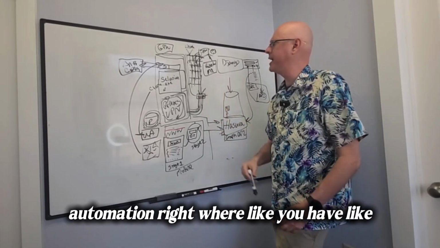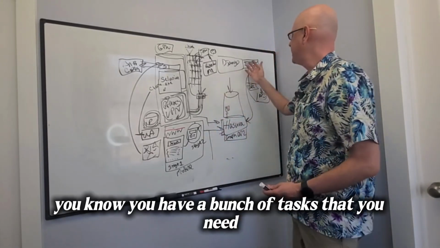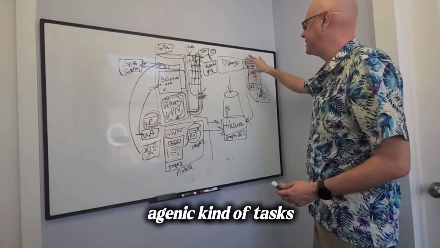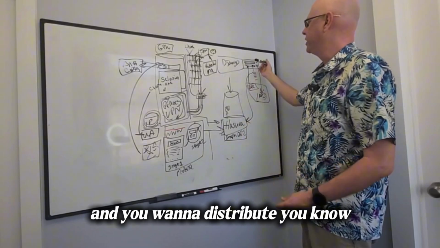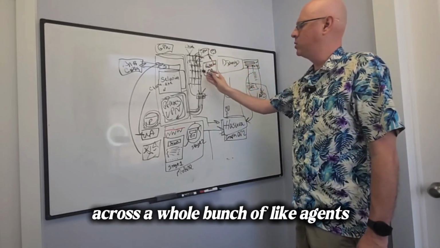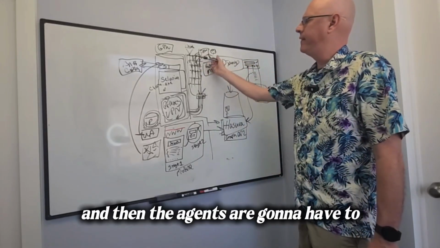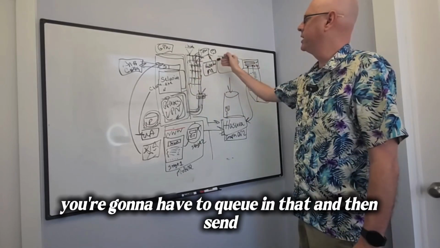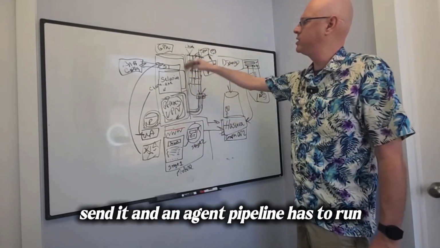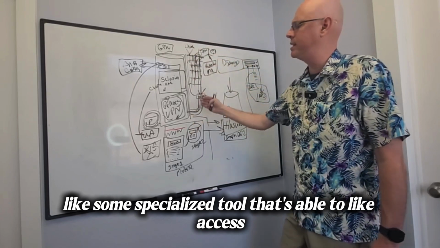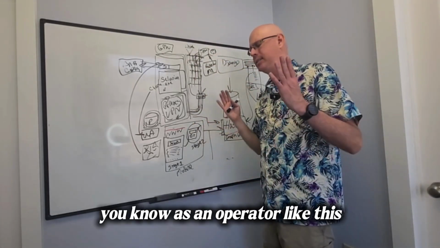You have a bunch of agentic tasks that you want to send out and distribute across a whole bunch of agents, and you have to queue them and then send them. An agent pipeline has to run some specialized tool that's able to access things as an operator.